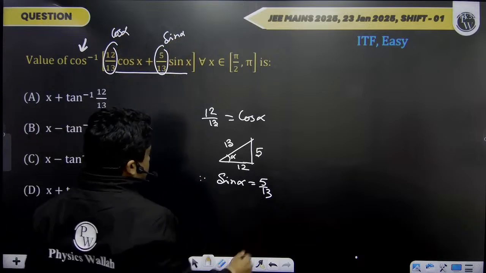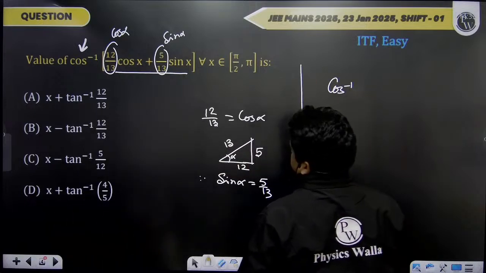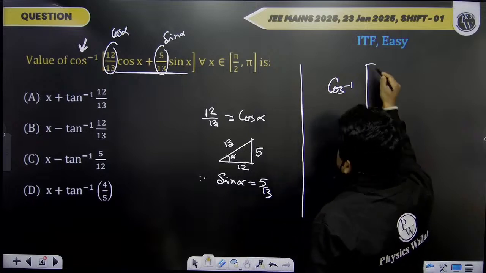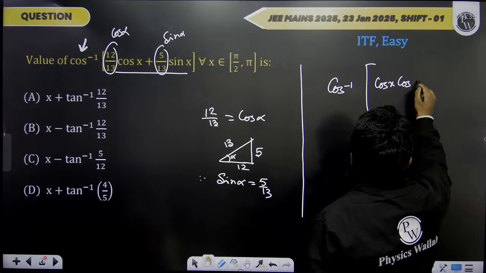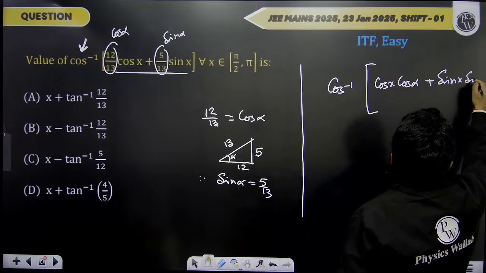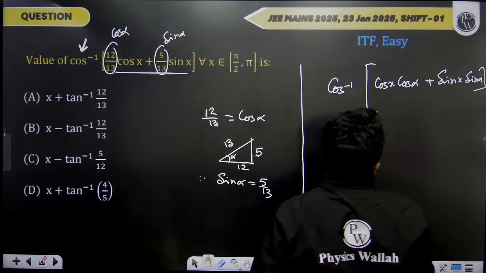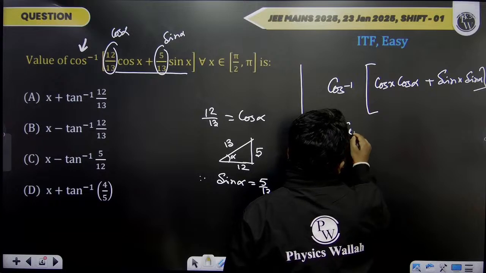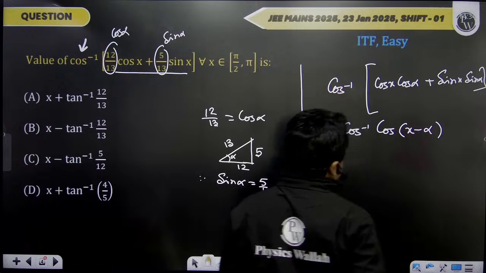So then the question becomes cos inverse of cos x into cos alpha plus sin x into sin alpha. Alright, so this becomes cos inverse of cos of x minus alpha.